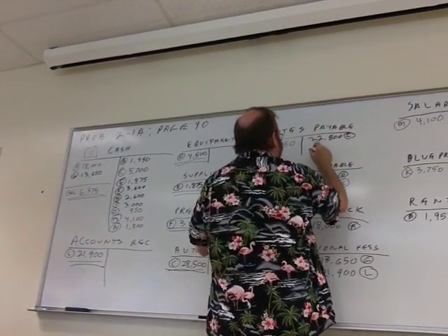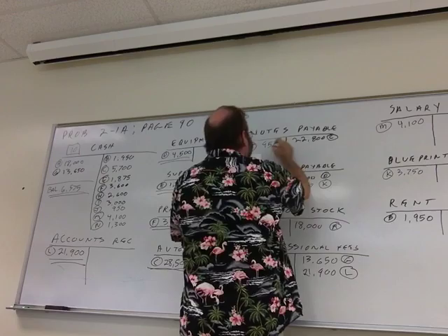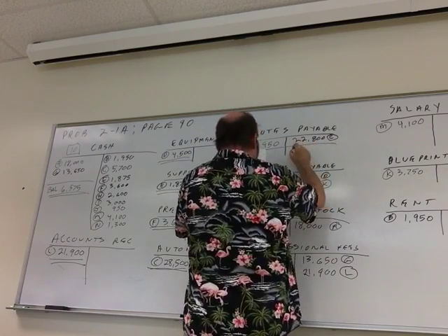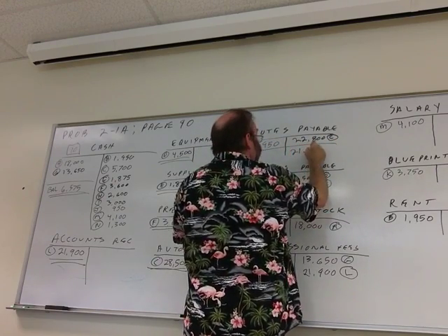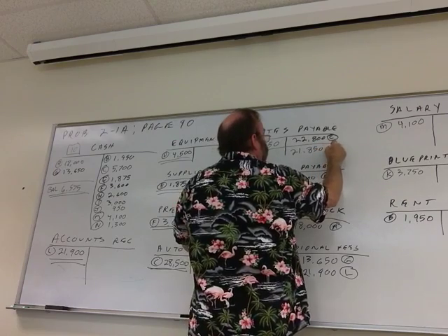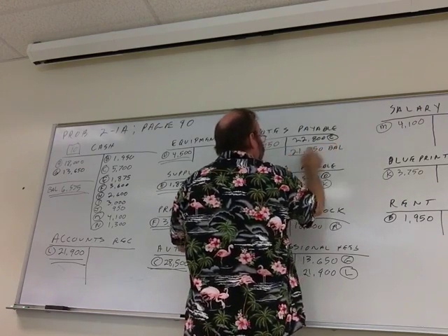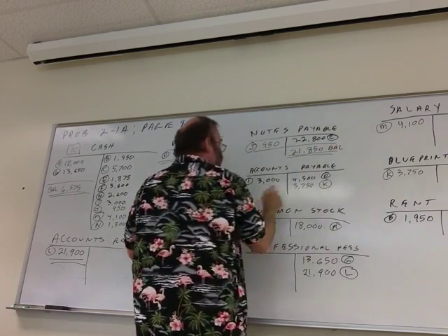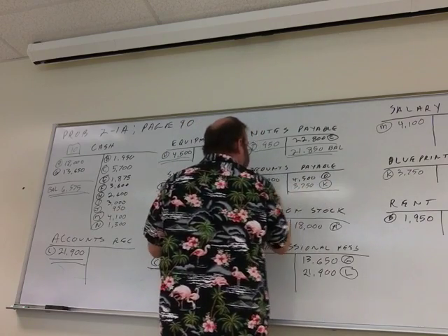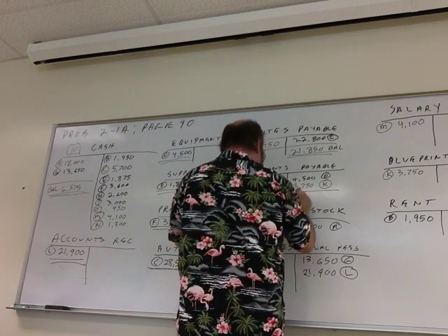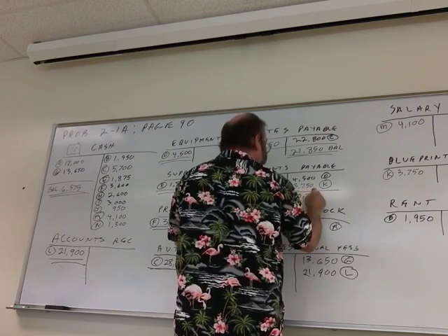The notes payable has a balance of $21,850. Accounts payable has a balance of $5,250.